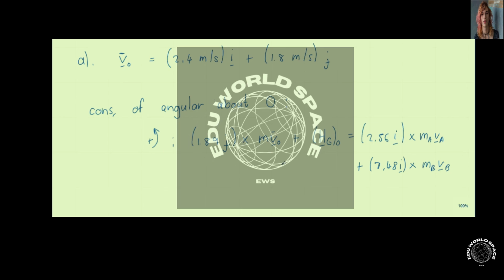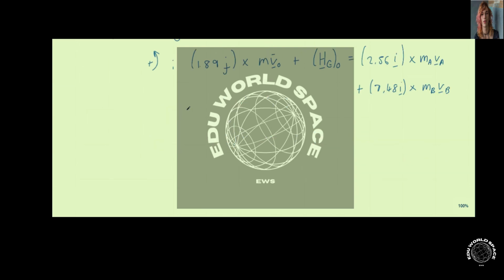So substituting for v bar naught, H about G, the angular momentum about G originally, H G naught, for v_B, v_A, and for the masses, we get the following.